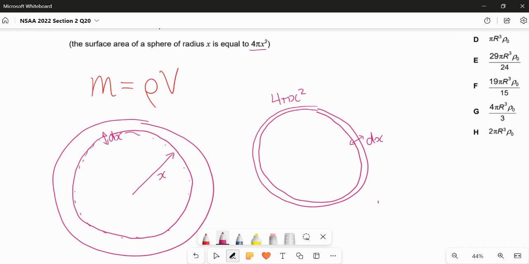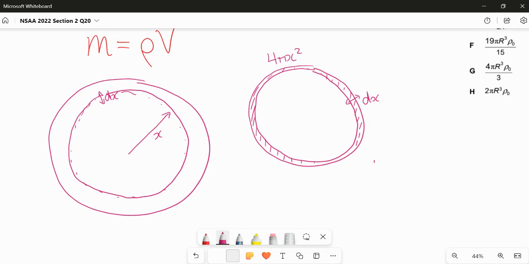So how can we get the volume of that very thin shell? So I'll shade it in here to show what I'm referring to. Well, we know that the little volume in there will be the area, or cross-sectional area, times the thickness.